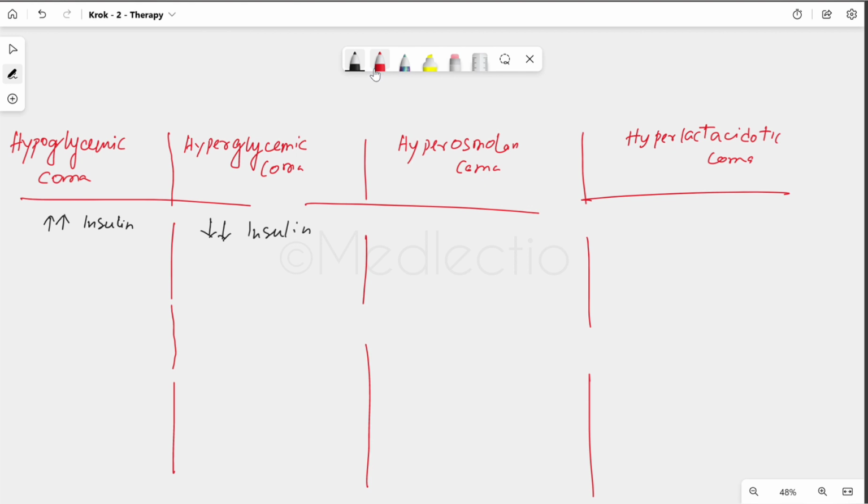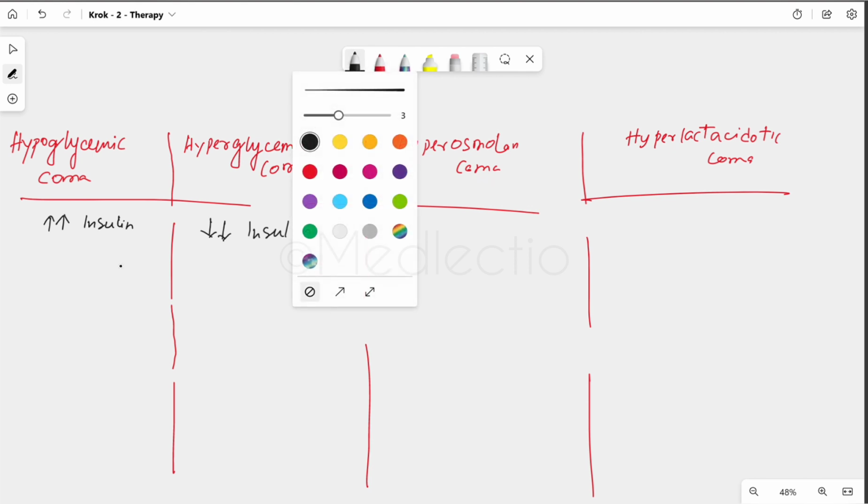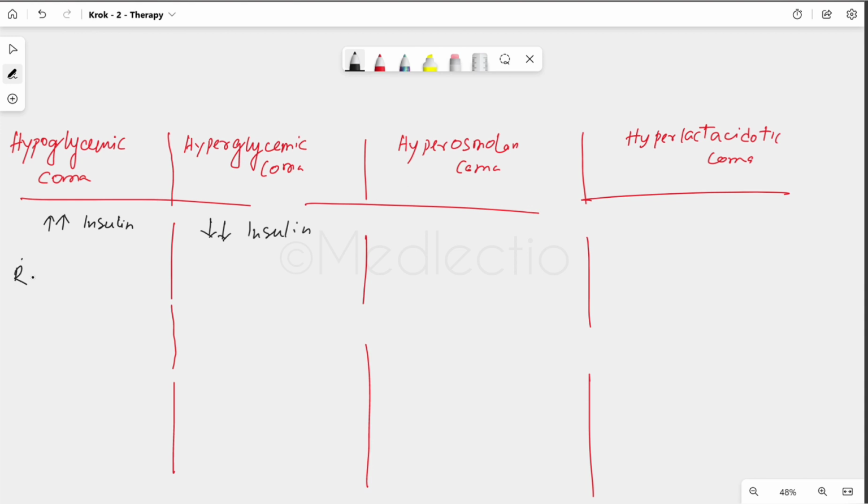Then how can we differentiate? Hypoglycemic is always rapid onset. It's slow onset. These two are slow to moderate.